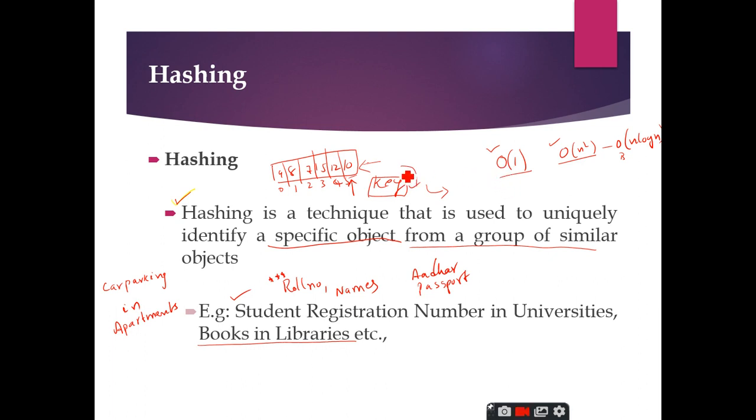Super. So while we are inserting the element, we follow some rules, and we find out the key, and the element is inserted based upon this key. Let us assume that the element is a value. For every value you are going to insert, you are going to generate a key.